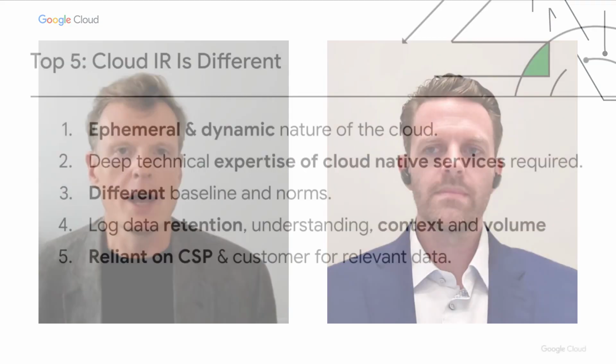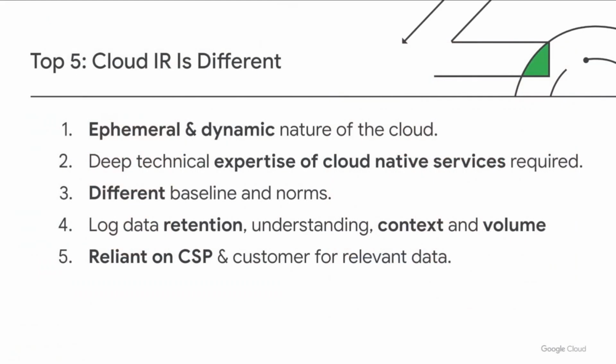Now, we highlighted log retention as item number 4, and there's a similar item on our what's the same list. But guess what? As I highlighted on the detection slide, the context for a lot of this is different. You would not have user such and such connected from IP address such and such to server such and such. That's out of the window. You would have logs and activities coming from deep inside the applications.